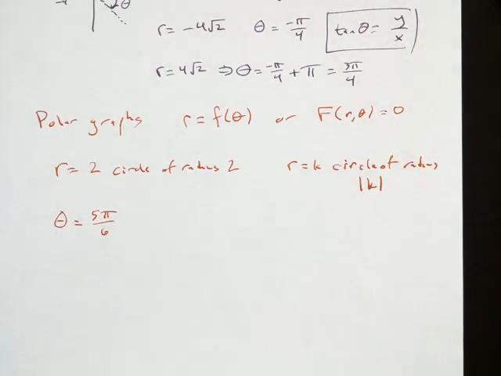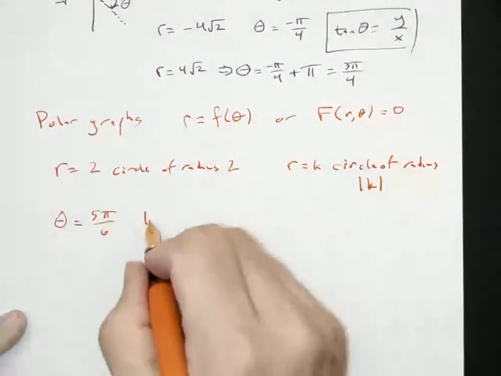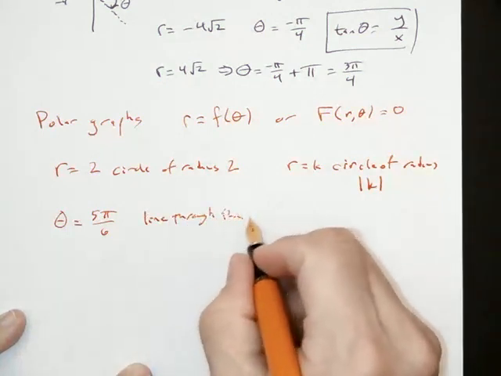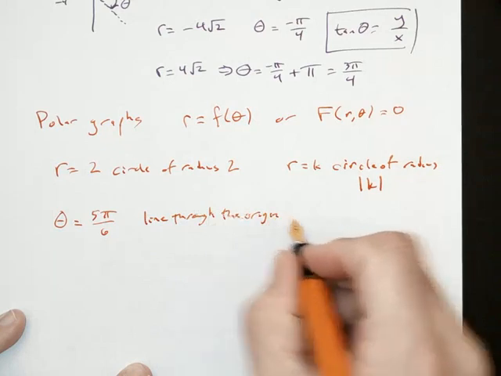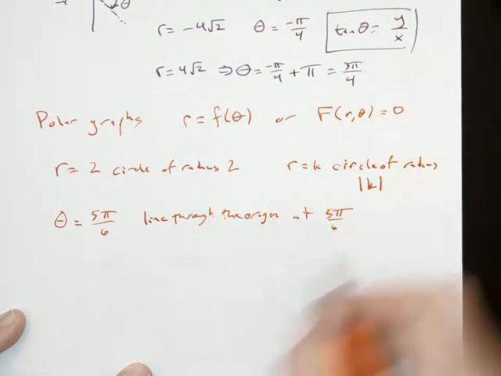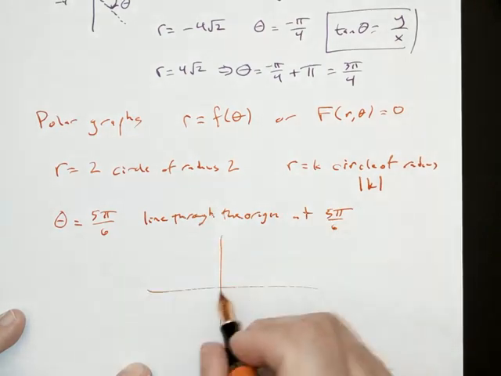What angle is 5 pi over 6? Way over here in the second quadrant. So this is a line through the origin at 150 degrees. Hey, wait a minute.